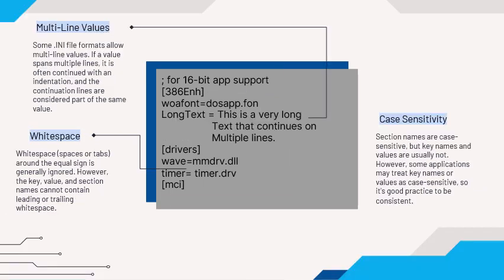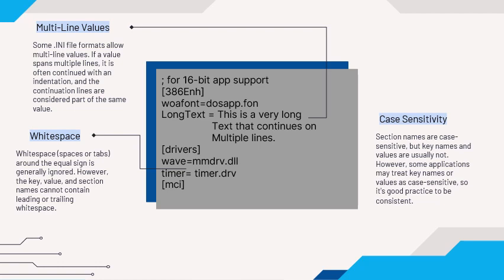Some ini file formats even support multi-line values, allowing for more complex configurations. If a value spans multiple lines, it's often continued with an indentation, treating all lines as part of the same value. White space around the equal sign is generally ignored, offering flexibility in formatting.